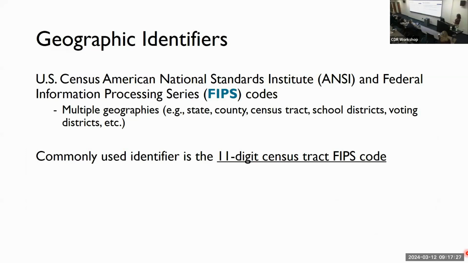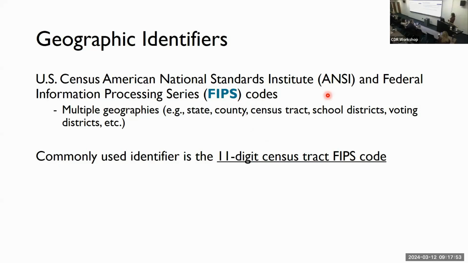If you're doing work within the US, a very common geographic identifier that we use is what's called Federal Information Processing Series codes, or what we call FIPS codes. These are numeric codes that are assigned to multiple geographies. So there's FIPS codes for state, for county, even all the way down to voting districts.